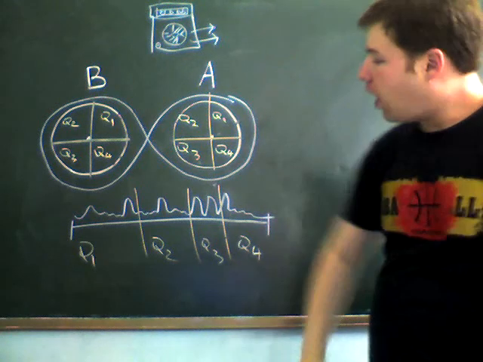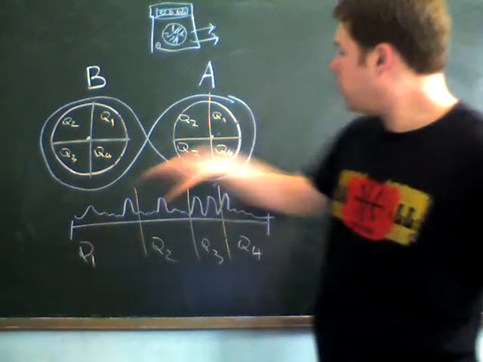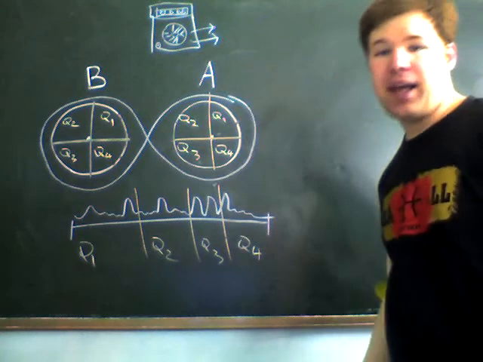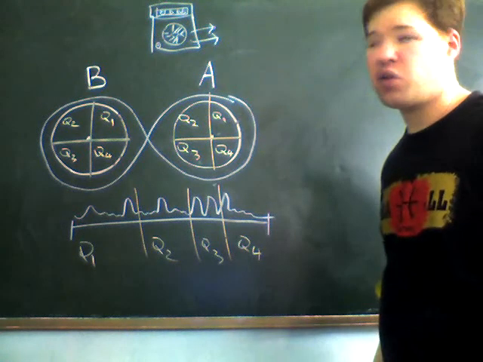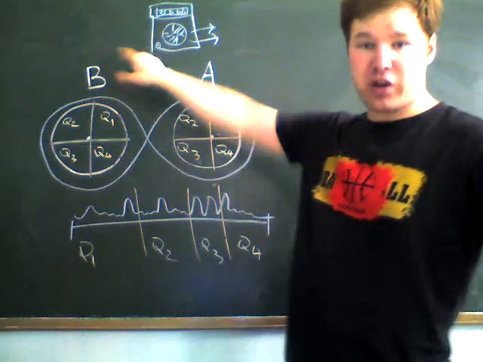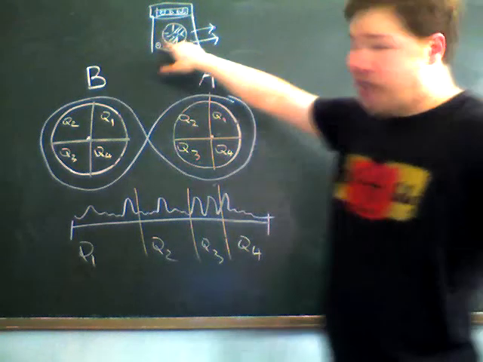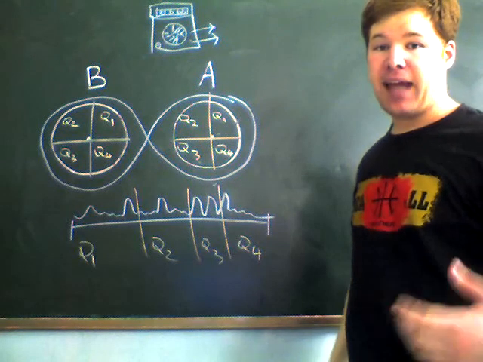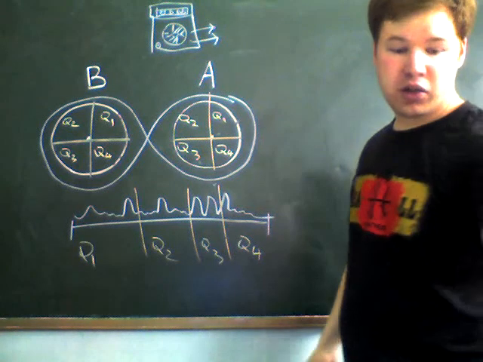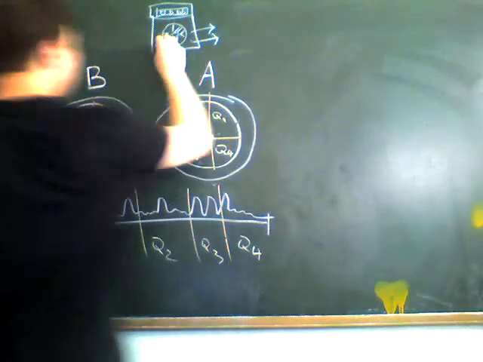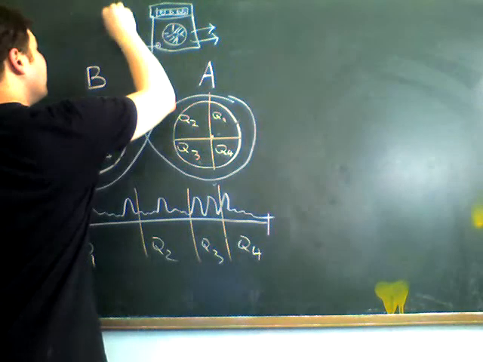Now, at each quadrant there will be a different signal generator with an external trigger. This external trigger can be connected to an antenna. Let's draw a little antenna out here.